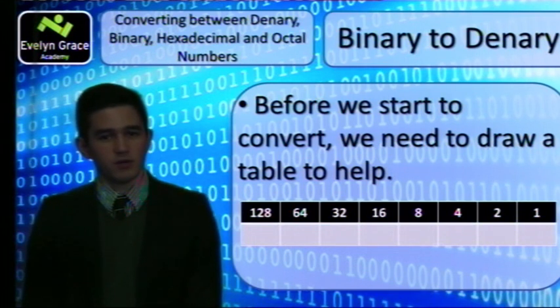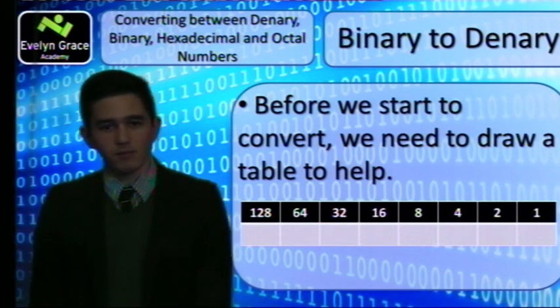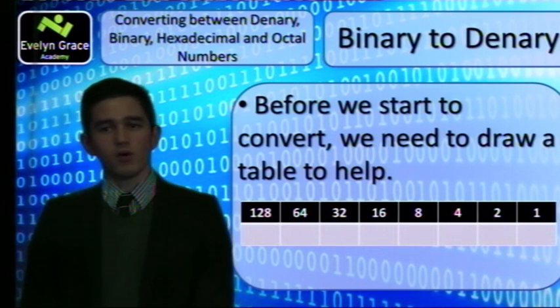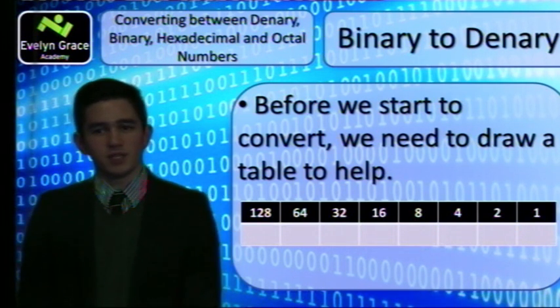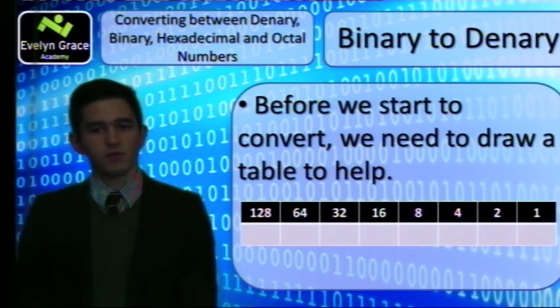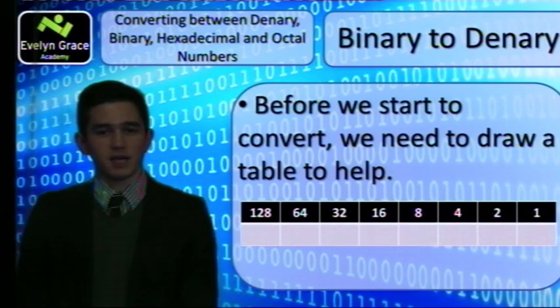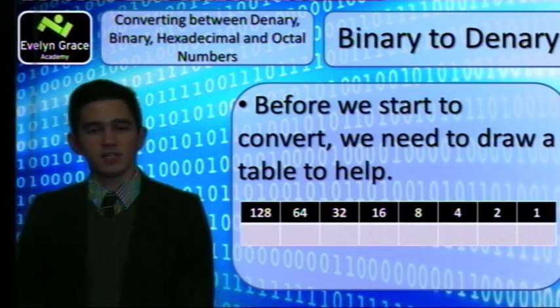Now, it will go up in multiples of 2. So 1, then 1 times 2, which is 2, 2 times 2, which is 4, 4 times 2, 8, etc., all the way to 128. This is important as that's the value of each digit in a binary number.